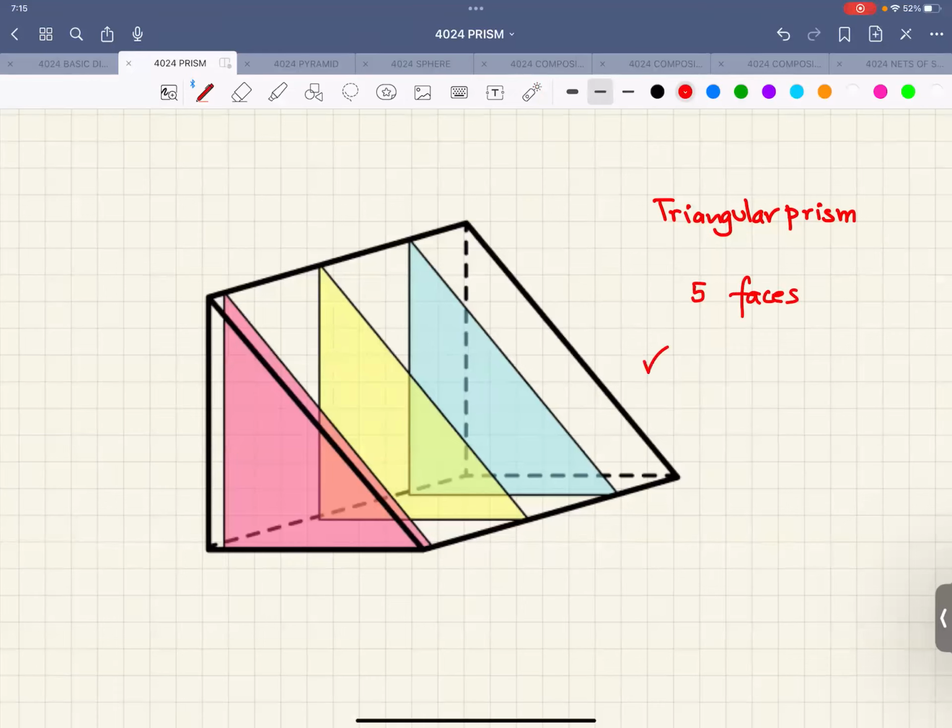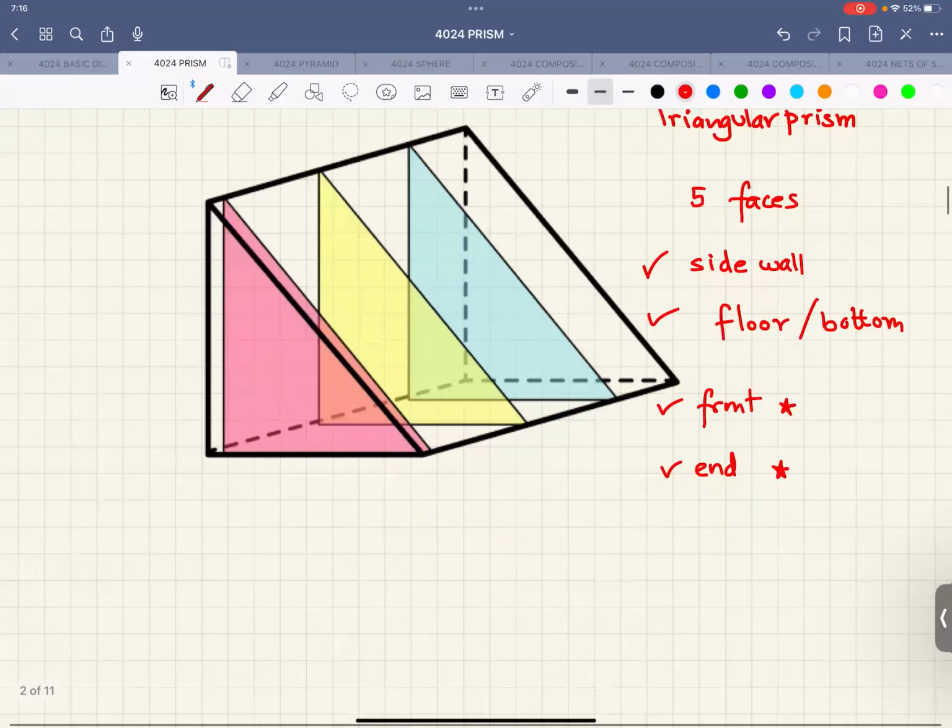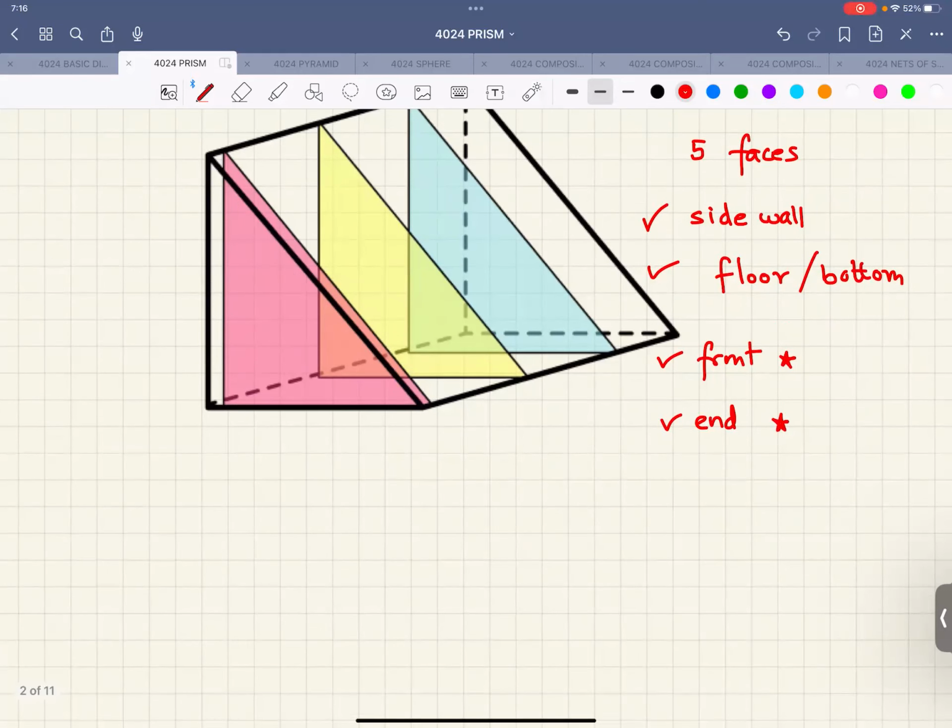There is a wall on the side wall. There is a floor or the bottom. There is the front and there is the end. These two are exactly the same because it has a constant common cross-section, and then there is a sloping face.